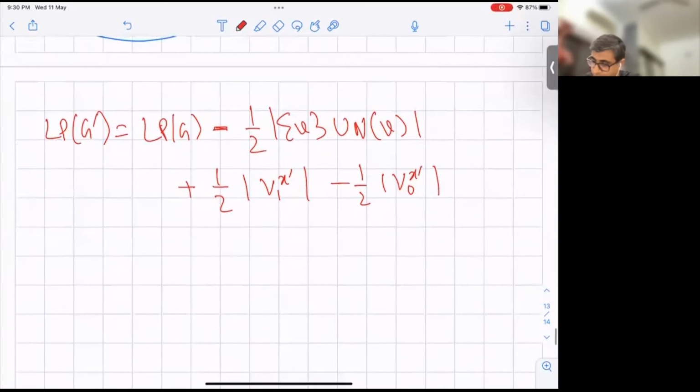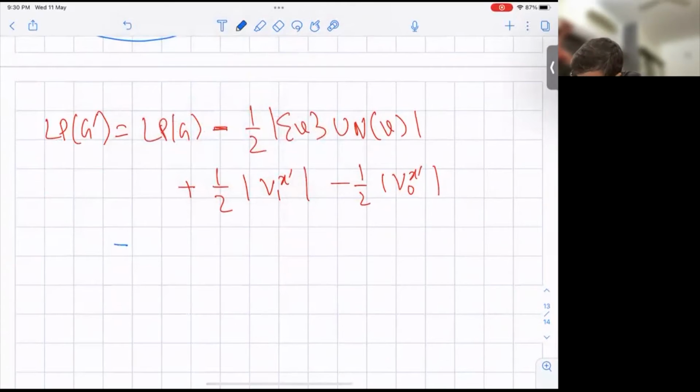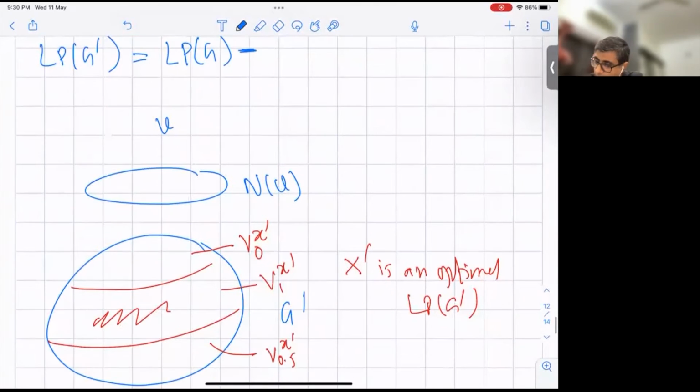Okay, that's excellent. That's fine. If people are following, I'm happy. Now notice, what is the property of V and V0 of X prime? Is V0 of X prime an independent set? Yes.